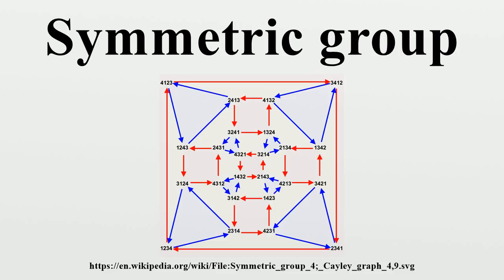Conjugacy classes. The conjugacy classes of S_n correspond to the cycle structures of permutations, that is, two elements of S_n are conjugate in S_n if and only if they consist of the same number of disjoint cycles of the same length. For instance, in S5, these two are conjugate, and these are not.